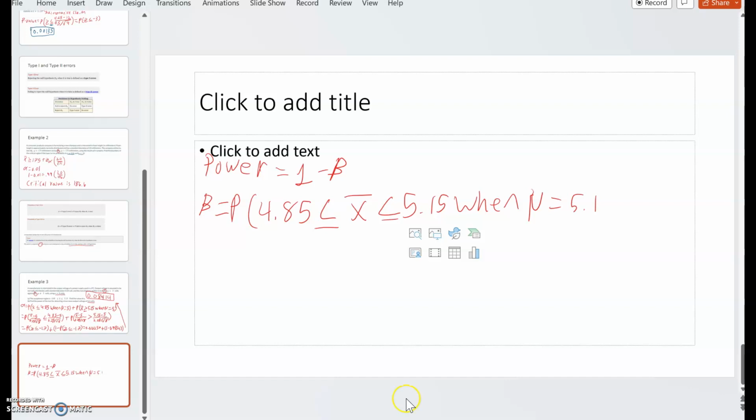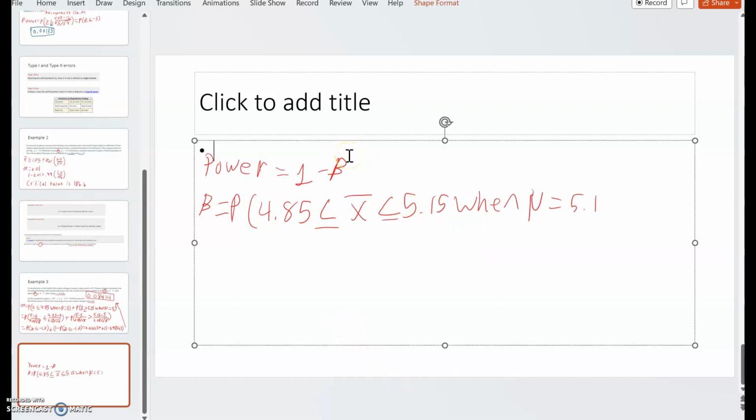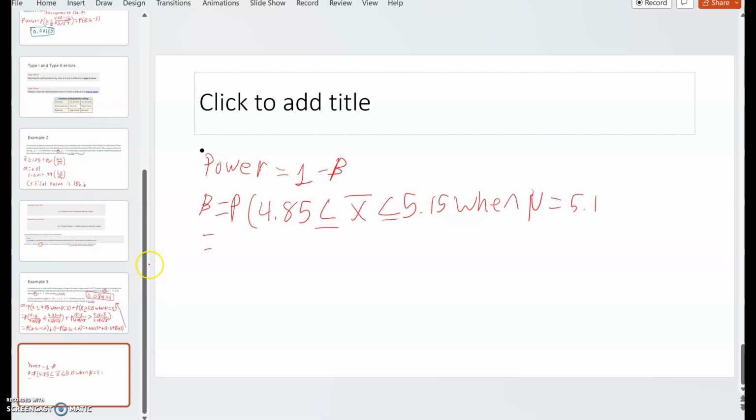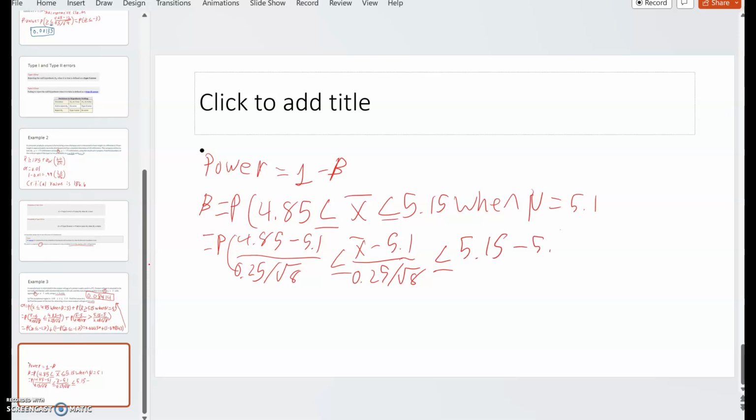So in order to do so, we are going to get P, where we have 4.85 minus 5.1, because that is the population mean we are interested in, over 0.25 divided by the square root of 8, is less than or equal to X bar over 0.25 square root of 8, less than or equal to 5.15 minus 5.1 over 0.25 square root of 8.